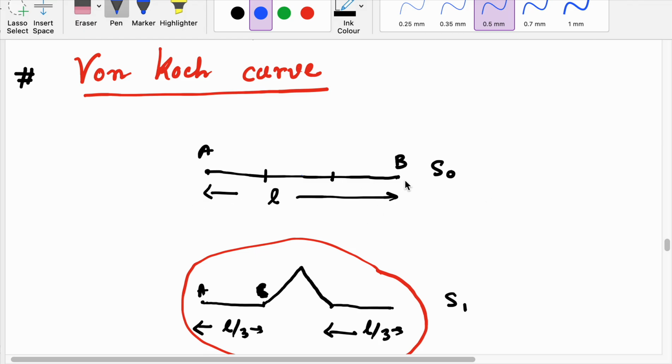If I go from S0 to S1, you see the trend. If I reduce the size by 1/3, how many copies of the straight line do I require to fill the whole? 1, 2, 3, 4. Each of size L by 3, so I need 4 copies of them, right?